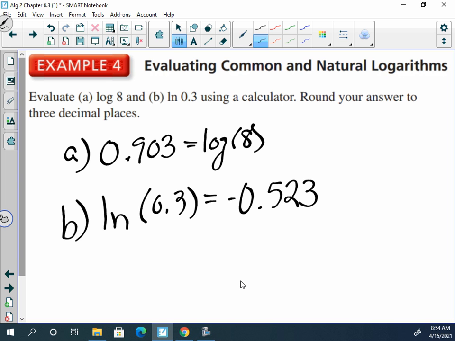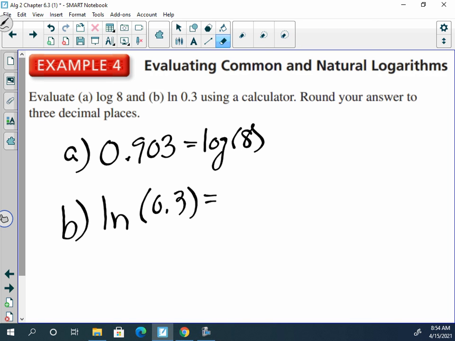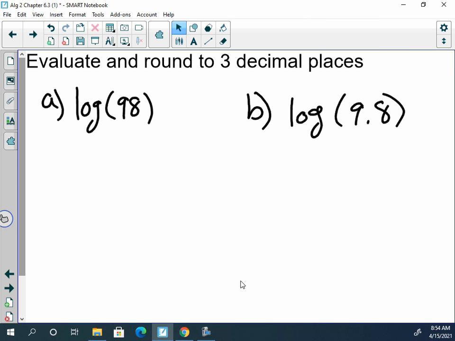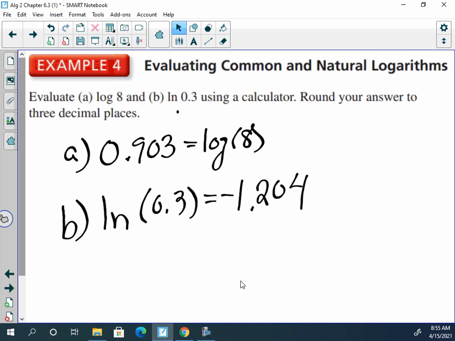Yep, I don't know. Second one is ln, so it's negative 1.204 would be ln. So it looks like log of 0.3 would be our negative 0.5. All right. What was it? Negative 1.204.